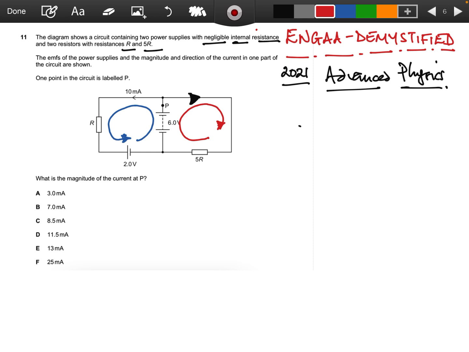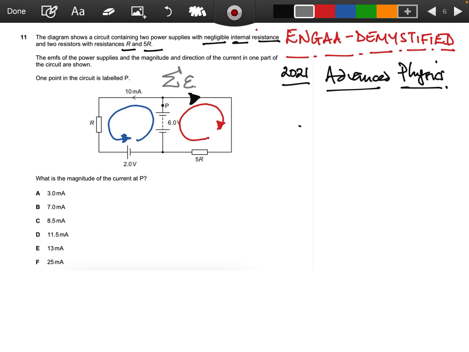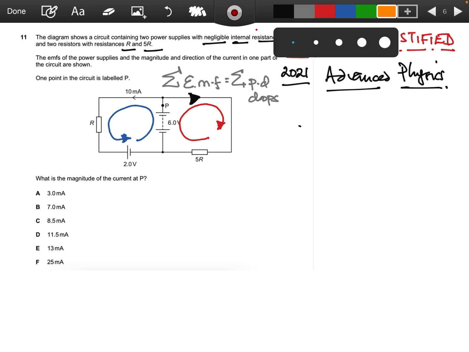Now, what does Kirchhoff's voltage law state? Quite simply, it states that the sum of the EMFs must equal the sum of the drops in potential. In summing up the EMFs, the direction that the EMF points in is important.